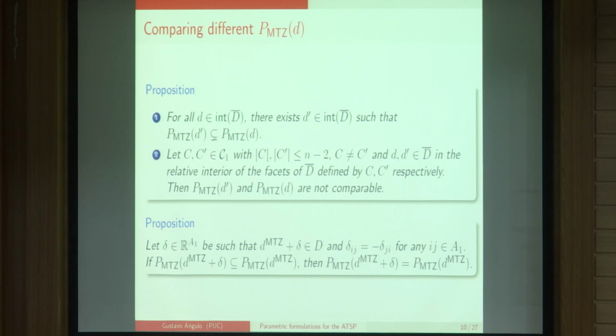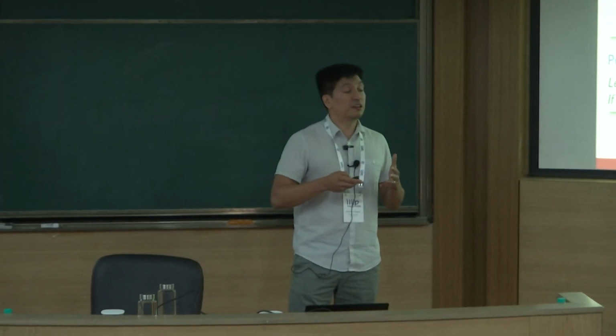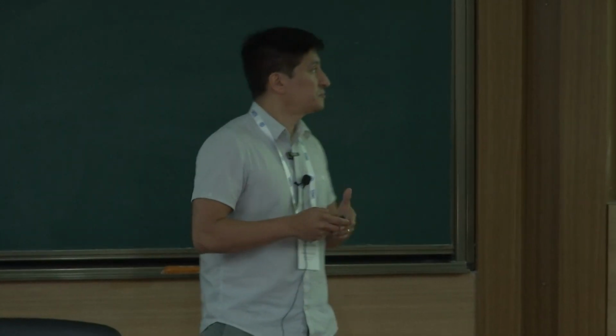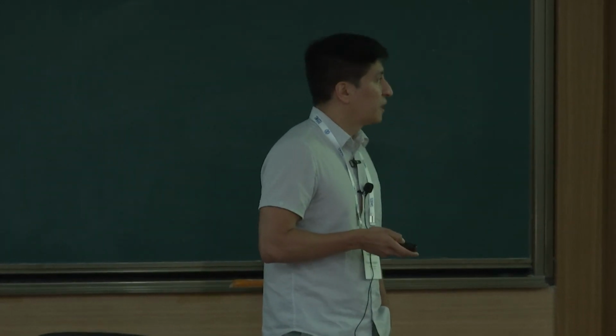If we pick D in the interior, then we can choose another D prime which gives us a strictly better formulation than D. So if we want to get formulations that are not comparable, then we need to pick parameters in different facets of the set D, capital D. Okay. And then the formulations are not comparable.